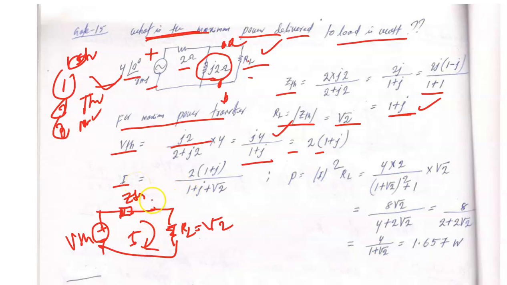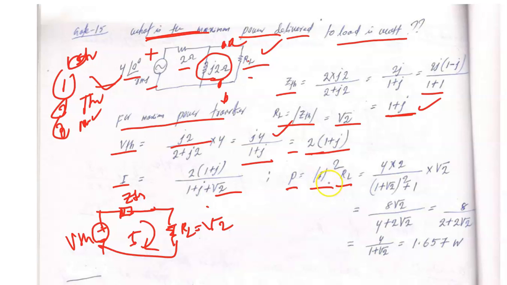Current equals voltage upon the summation of the total impedance. So the voltage is 2 into 1 plus J, upon the total impedance 1 plus J plus root 2. And in order to go for simplification, we need the magnitude of I square. So take the magnitude. Power is equal to magnitude of I square into RL.